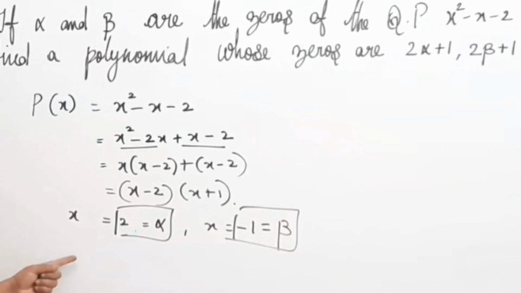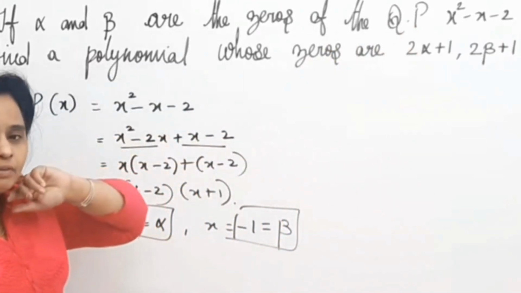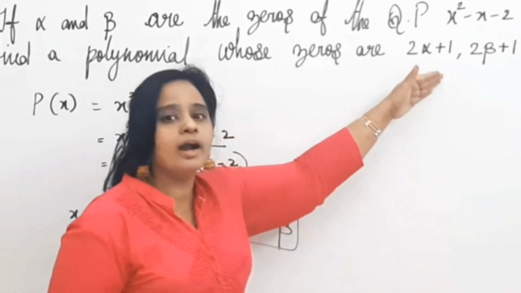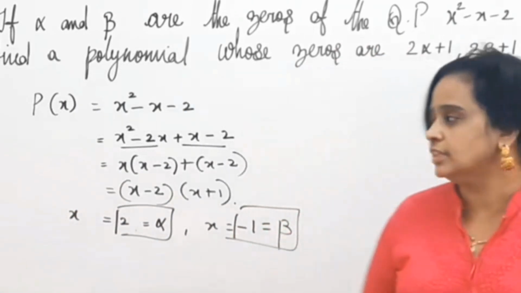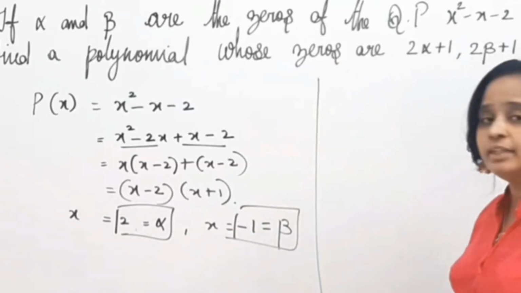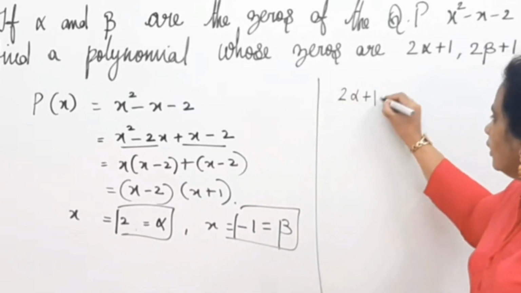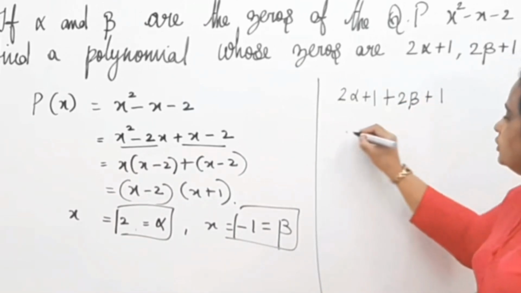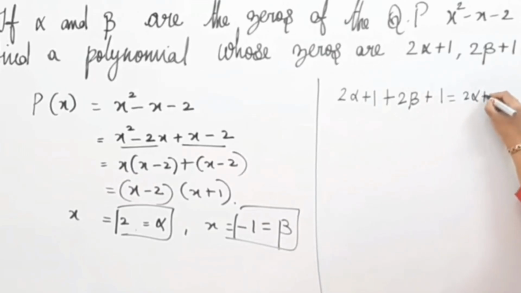I got my alpha and beta for this polynomial, but I have to get the polynomial for which these two are the zeros. So let me find first the sum and the product. So 2 alpha plus 1 plus 2 beta plus 1, which is equal to 2 alpha plus 2 beta plus 2.